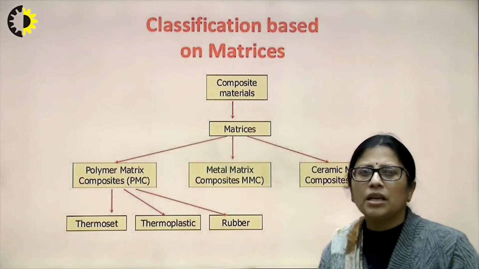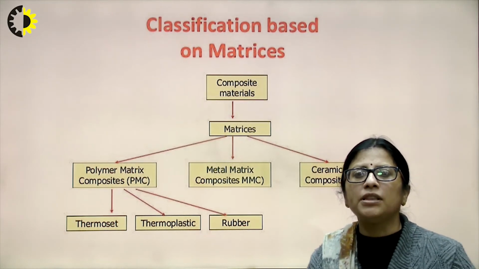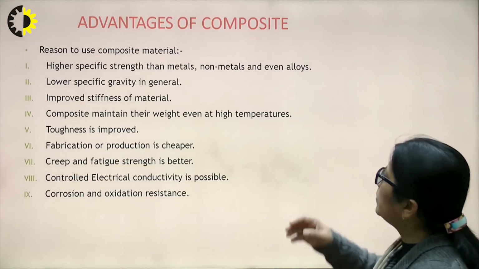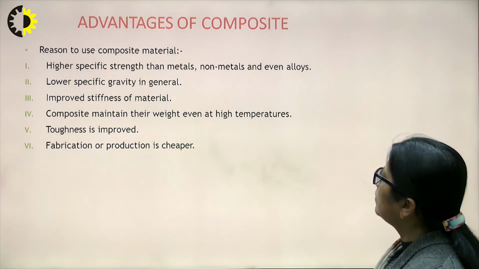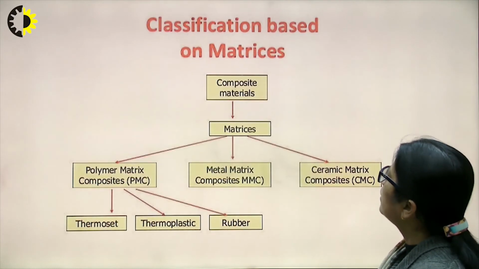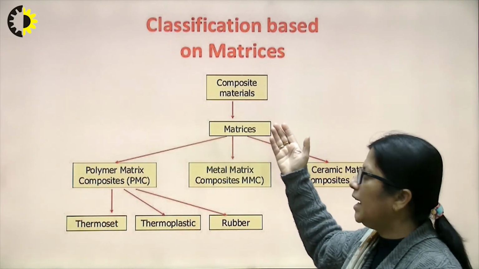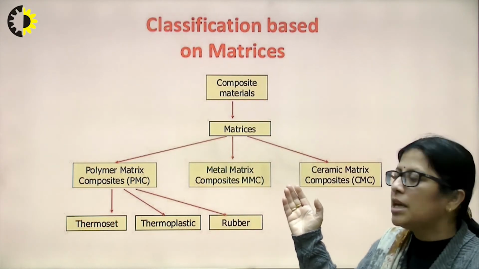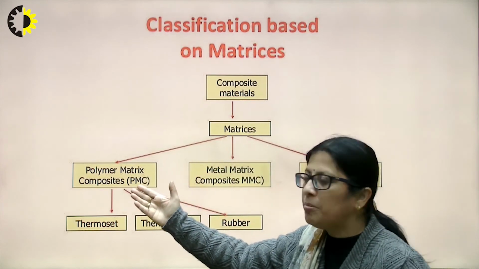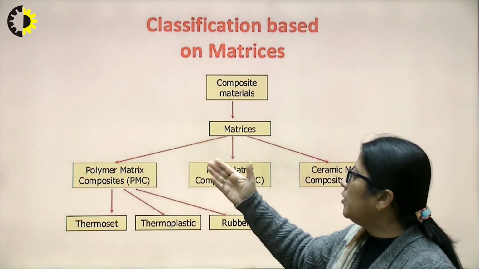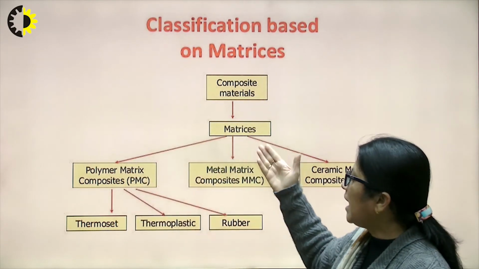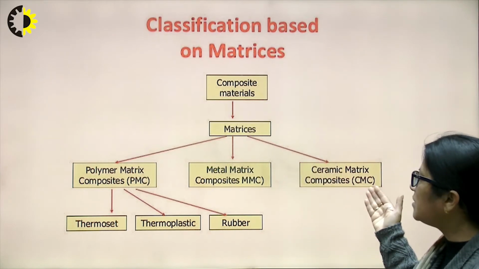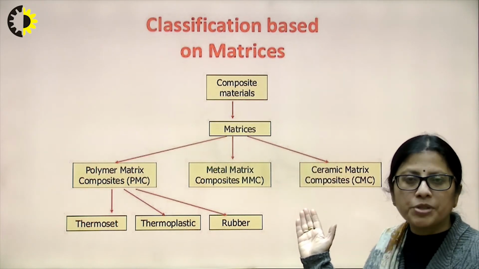Coming on to the classification based on the different matrices that we are going to use. On the basis of the different matrix that we use, composite materials can be classified into polymer matrix composites, metal matrix composites, and ceramic matrix composites.